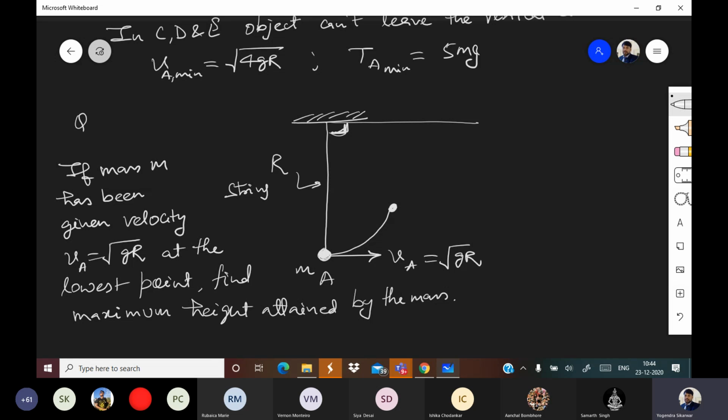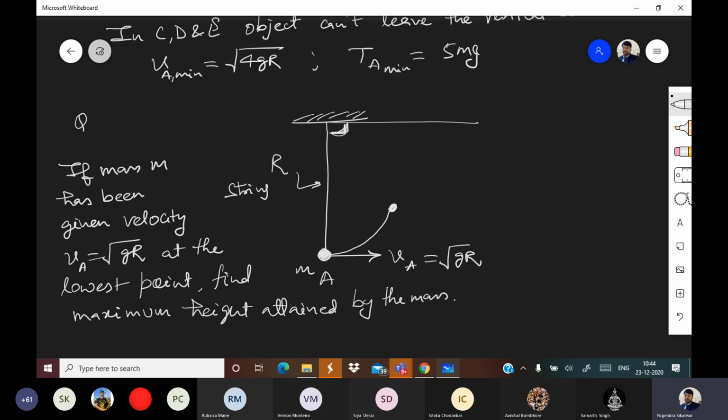Why? Because if velocity could have been root 2GR, it could have gone up to angle 90 degree, because in every quarter, remember, velocity is reduced by root 2GR within the root, correct? So this time velocity is even lesser than that. So if velocity is lesser than that, it will go somewhere in between.